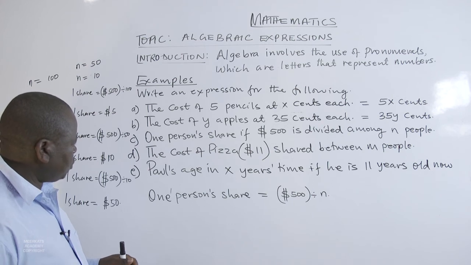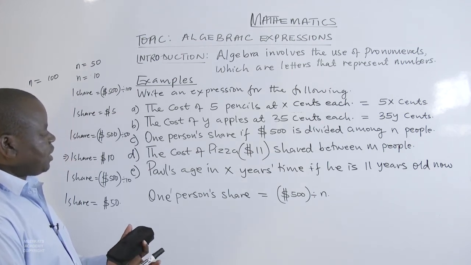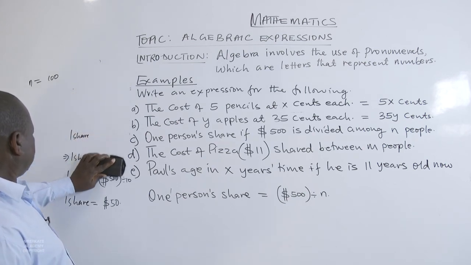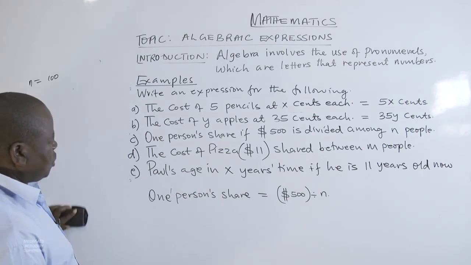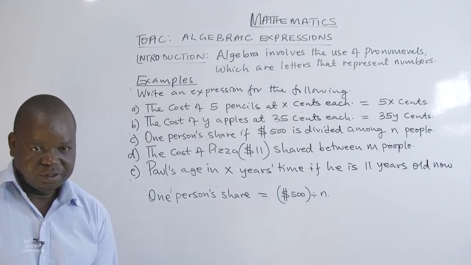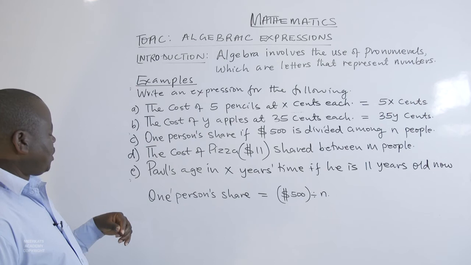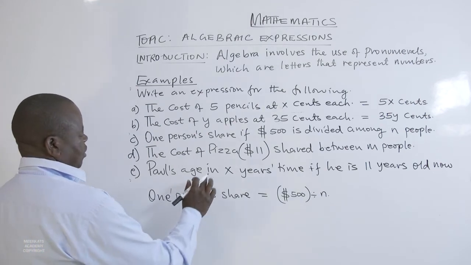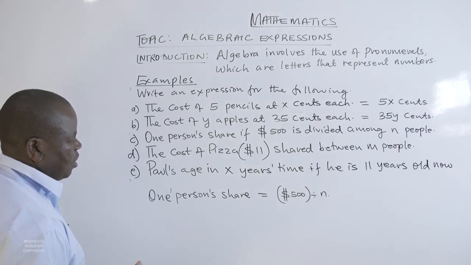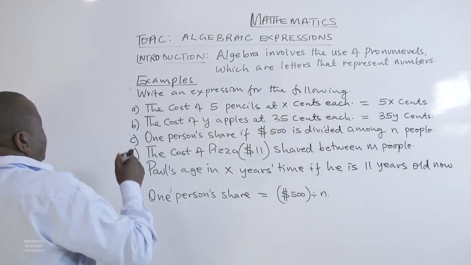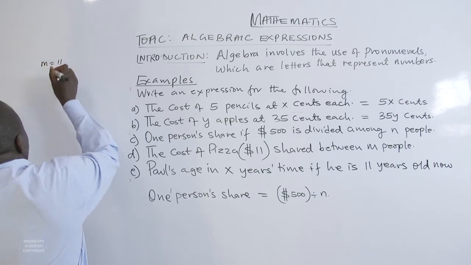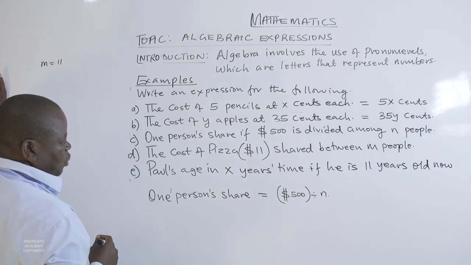Number 4, the cost of pizza is $11, and it is shared between m people. The same as statement number 3. So this pizza costing $11 is divided by m people. Let's assume a situation where m is equal to 11.